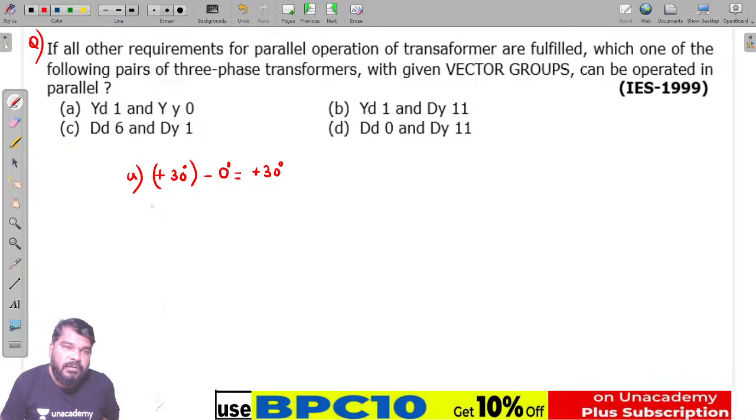Next, for option B, verify the phase displacement between the two transformers.